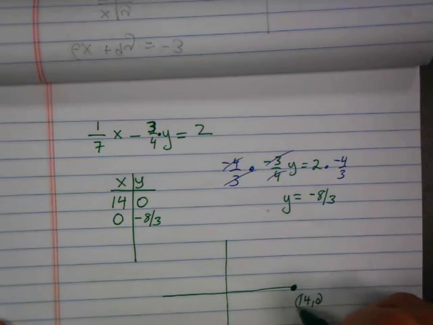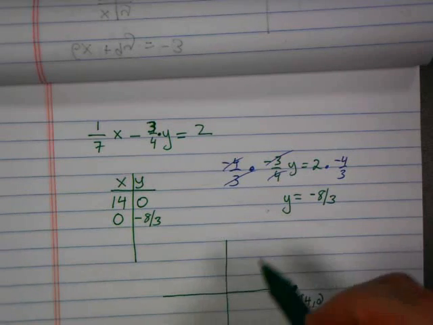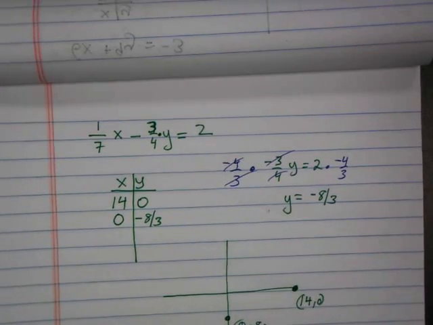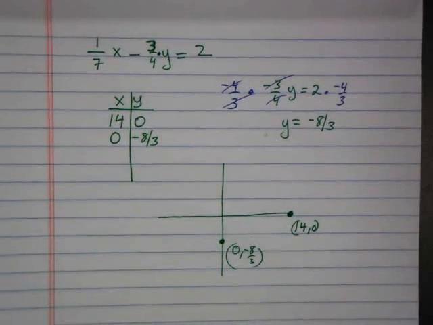There's 14 comma 0. And where is 0 comma negative 8/3? Somewhere down. And again, it doesn't really matter where you draw it. You can draw it pretty much anywhere you want. I'm going to put a dot right there. And I just label it as 0 comma negative 8/3.